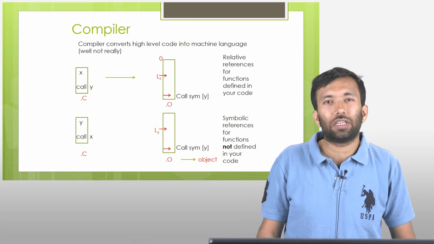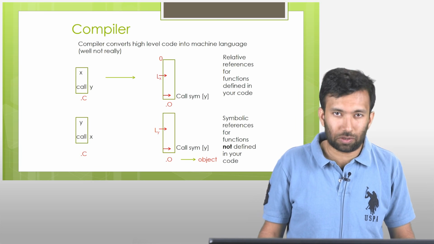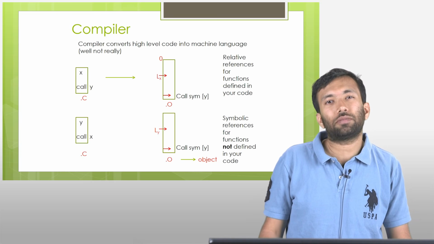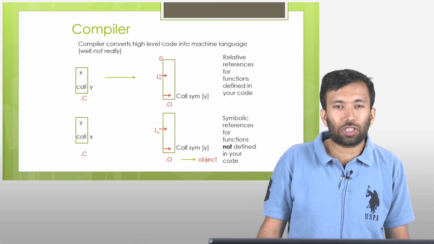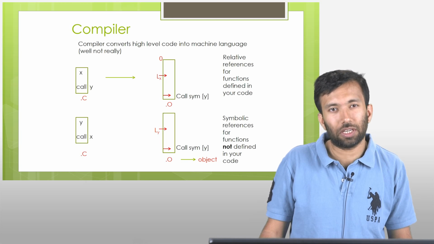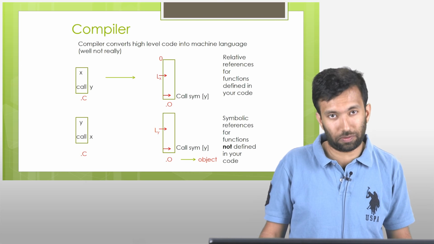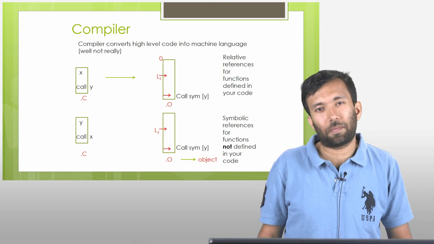So this function is in the same C file that you write for your program. The other type of function that you might use is a library function, which means you just call that function. The definition and the body of the function are written in some separate file, which is not a part of the file that you are writing. So there are two types of functions.